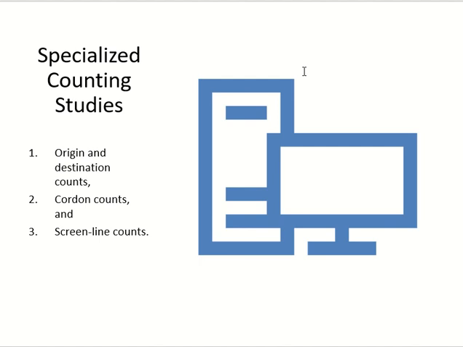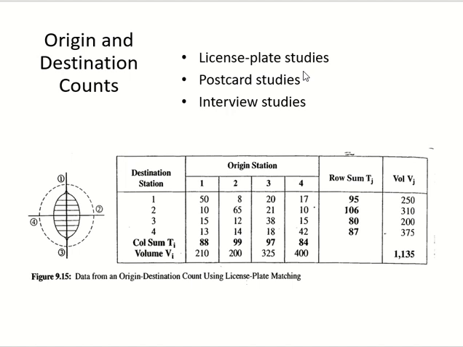We'll discuss the first one, which is the origin destination counts. Origin means what? The word origin means the point where we start. Start point, right? And the destination means the end. So this is a study about start and end.